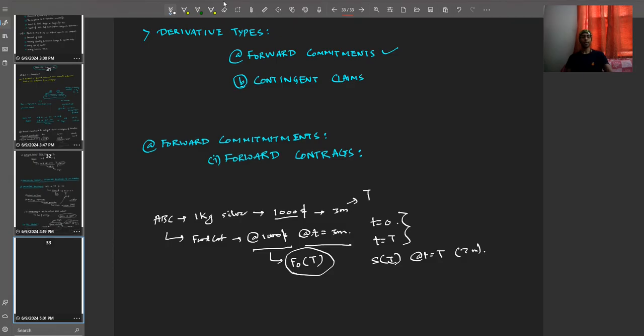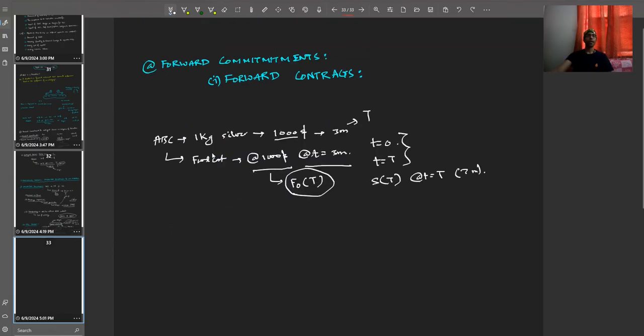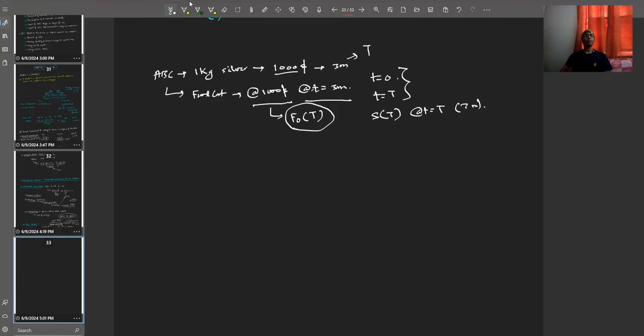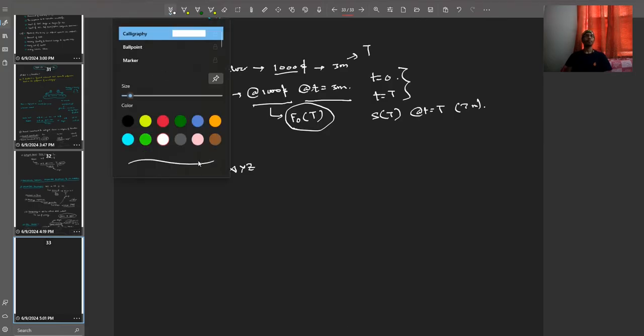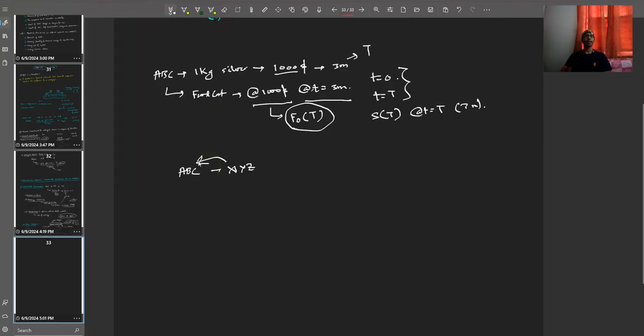Now who makes a profit and who makes a loss? That is the question, right? So let's say ABC has entered this contract with XYZ, right? XYZ has bought the contract from ABC. Now in derivative parlance, ABC is the seller of the contract. That means he's the short entity.